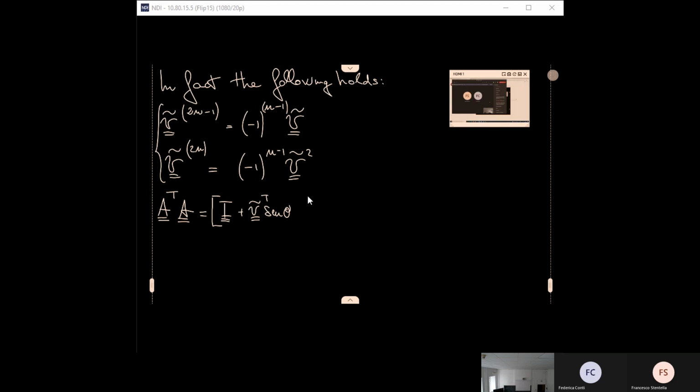But v tilde is a skew matrix. So what's the result of the transpose of a skew matrix? It is the skew matrix itself pre-multiplied by a minus. Okay, so we can do this, and we can do this, right? Then we have the second term, we should have this transposed, okay, as well.